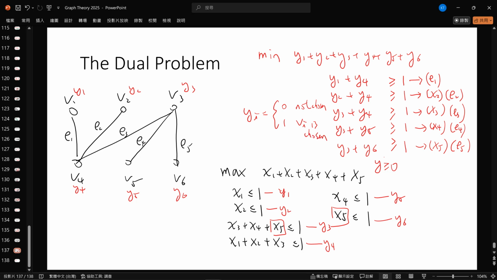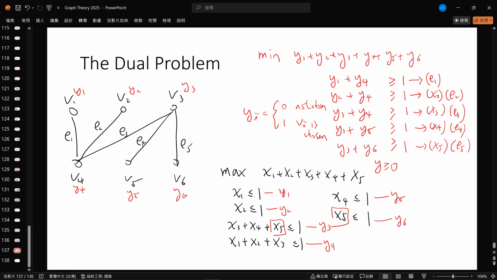So in this dual problem, the action is to pick some vertices, okay? And the constraint is that for every edge, you have to pick at least one of its endpoints, okay? So for E2, Y2 plus Y4 should be at least 1.